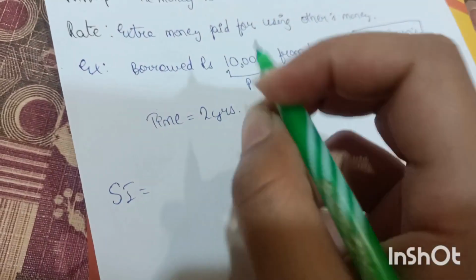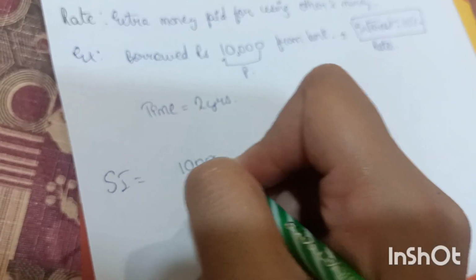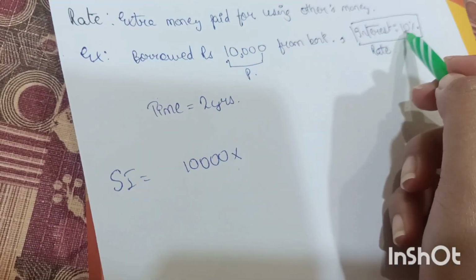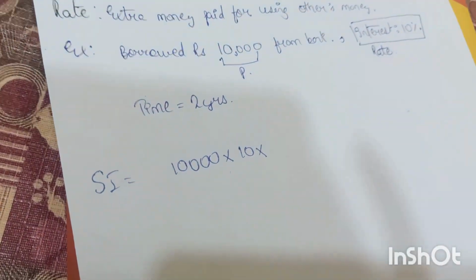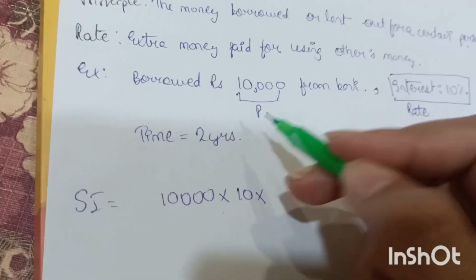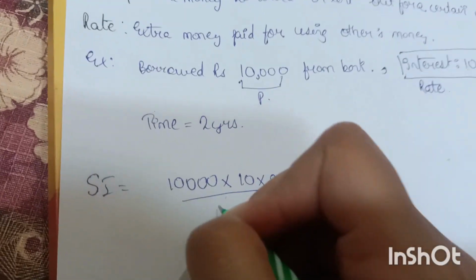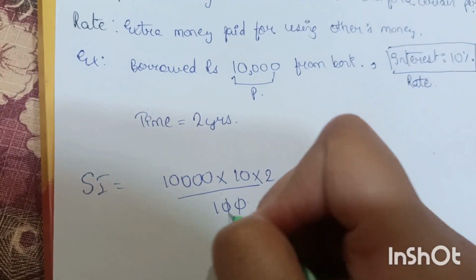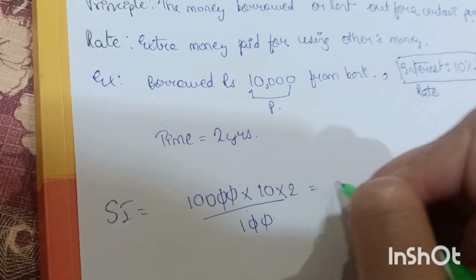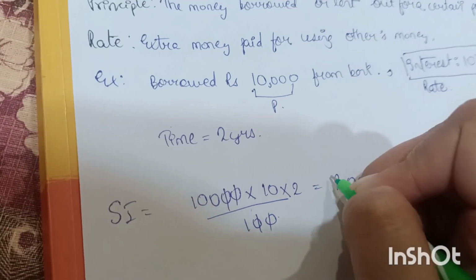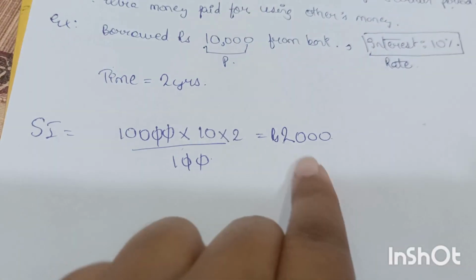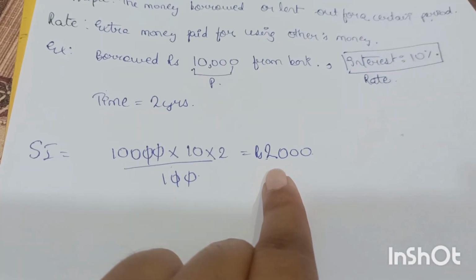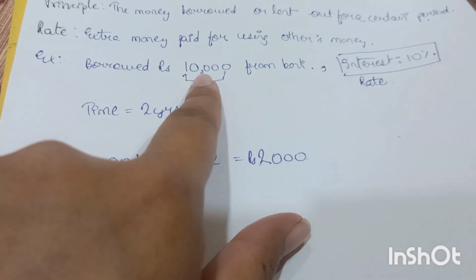You can find SI over here. 10,000 into interest will be 10% into, then time over here is 2 years, 2 years upon 100. So you can cancel it out. So you will get 2,000. So this is the interest. So you can see that this much interest you have to pay to the bank for rupees 10,000.